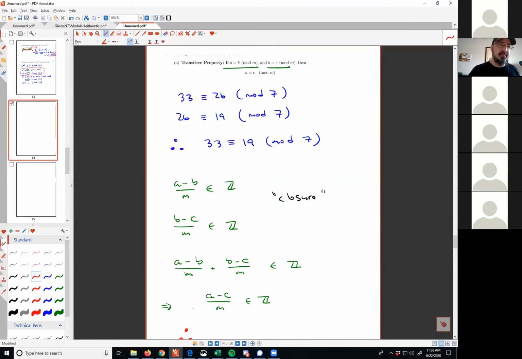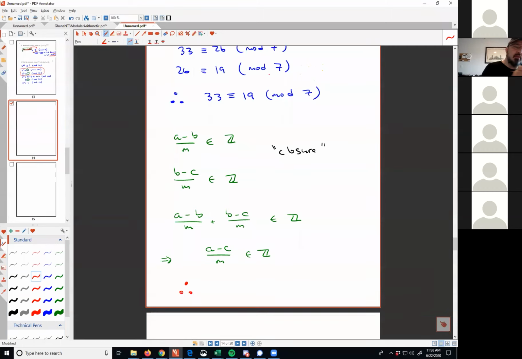That when you have A is equivalent to B mod M and B is equivalent to C mod M, A is equivalent to C mod M. Right. And that's what we know by definition right here. Since A minus C over M is an integer, by definition, A is congruent to C modulo M. So think through that.